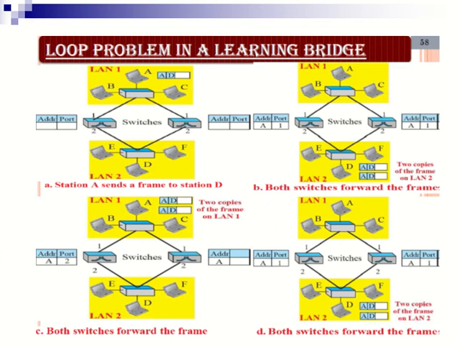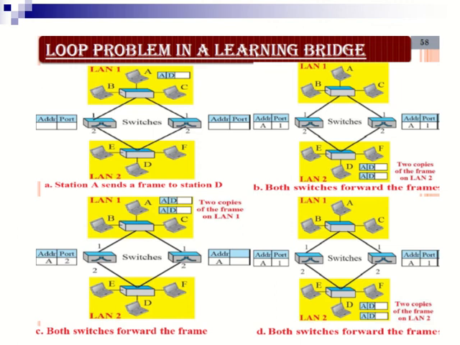One copy sent by the right switch is received by the left switch, which does not have any information about the destination D. So it forwards the frame. The same happens in the case of the other switch.